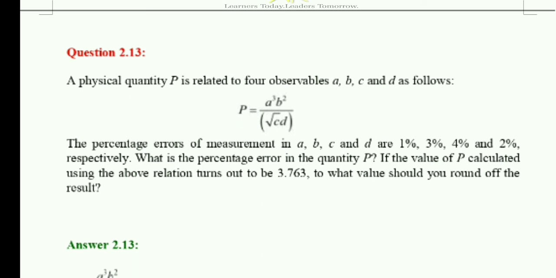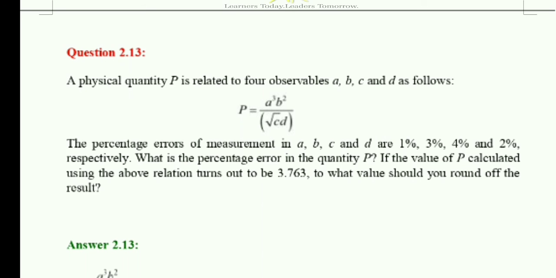A physical quantity P is related to four observables A, B, C and D as follows. It means the relation between P and A, B, C, D is given here. That is P equal to A cube B squared divided by square root of C into D. Now the percentage errors of measurement in A, B, C and D are 1%, 3%, 4% and 2%.